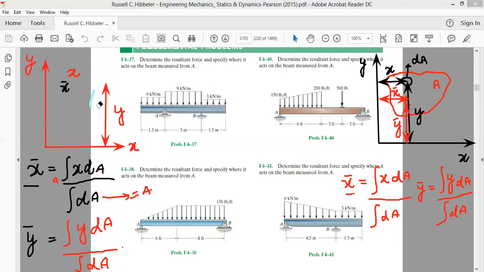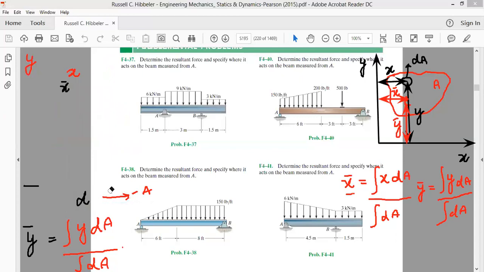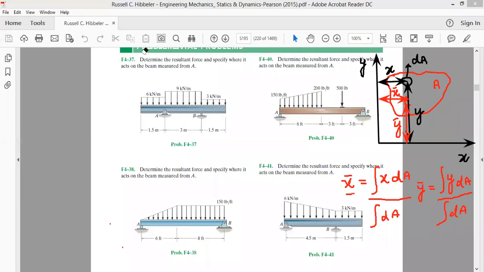Let's suppose that we have a geometrical figure like a rectangle, and let's try to find the centroid of the rectangle, such that the width of this rectangle is given as b, and the height of the rectangle is h.